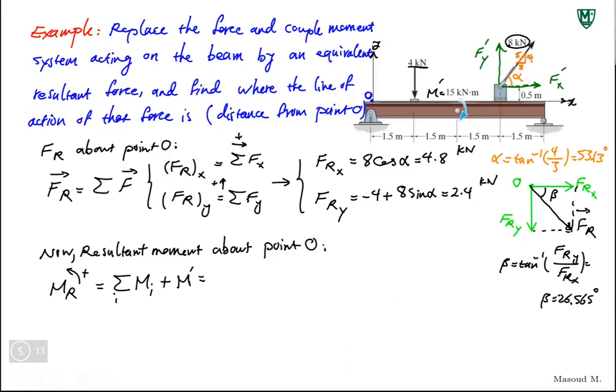So how do I do this? I did something very similar in last class, if you remember that example. Let's just write it directly. I'm going to start with this force, 4 kilonewton. It is at a distance D, so that would be 4 times distance D, which is 1.5.